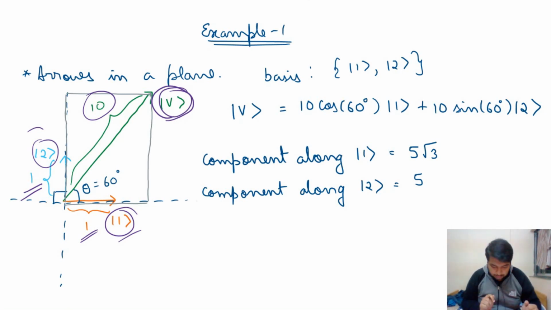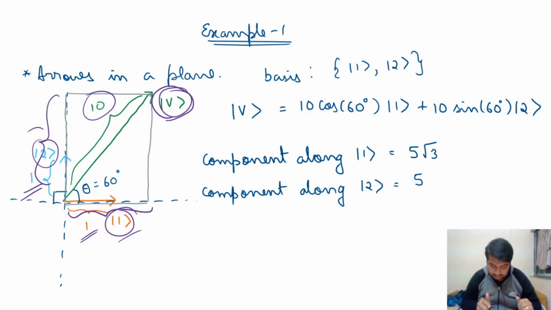And you all know how to do this. It's a simple trigonometry problem. All you need to do is complete the parallelogram with respect to the vectors 1 and 2 such that the vector v becomes the diagonal, which means the lengths of these two sides must be chosen appropriately, which means we need to multiply vector 1 and vector 2 with appropriate constants.